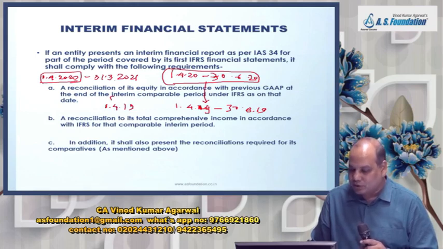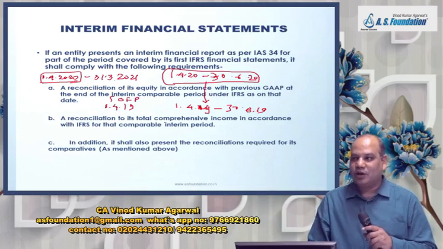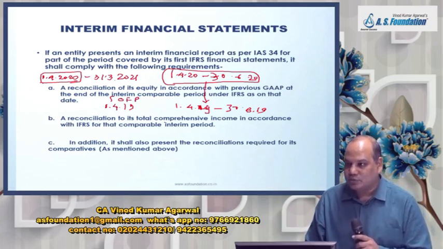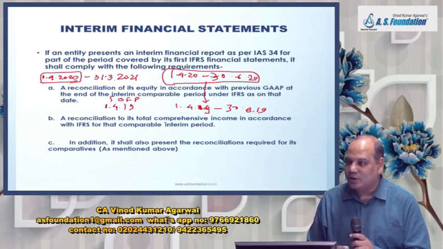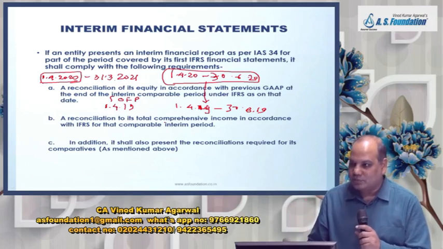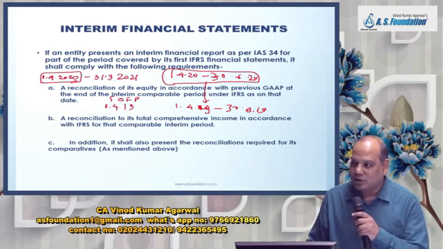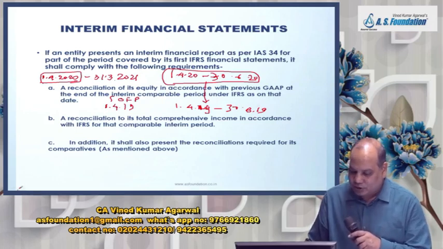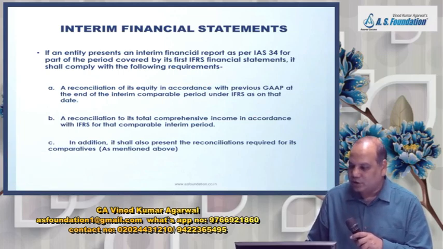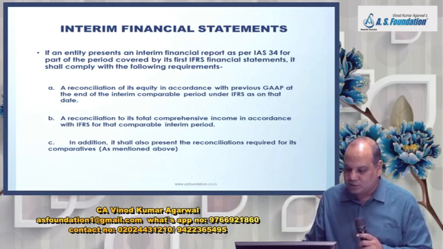So that means the same entire standard 101 now will be applied for this first interim financial statement also, because there also I require an opening balance sheet, I require P&L account, I require cash flow statement, I require a balance sheet on 30th June 20 and 30th June 19. Is it right? So the standard becomes applicable to that interim financial statement also, which will fall in that first IFRS financial period.